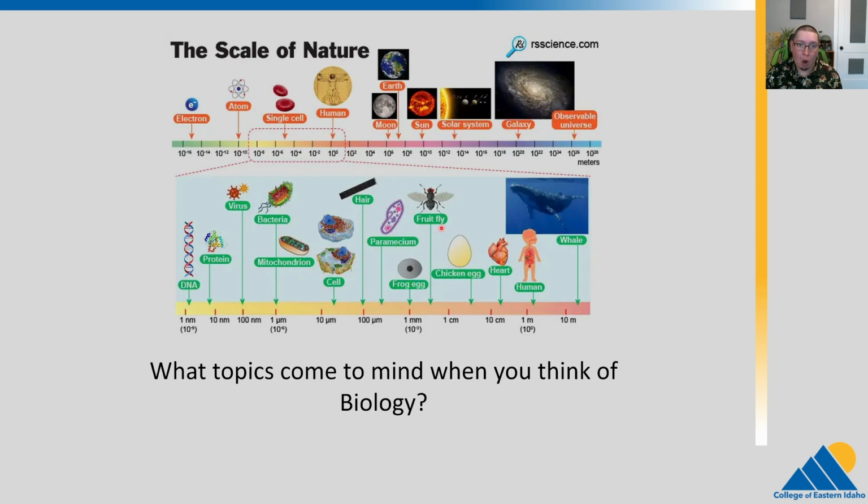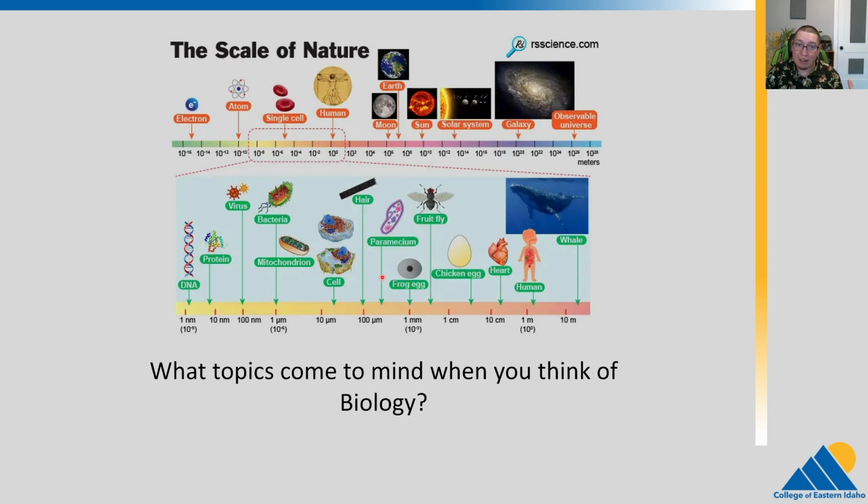Fruit flies are on here. We'll talk about why fruit flies are on here. They might not seem very interesting to you, but they are very important in this course. Frog eggs. Then we get into our microbes. So if you take something called microbiology, let's break that one down. What does micro mean? Micro means small, and here's the Greek letter mu, which stands for micro, so these are micrometers here.